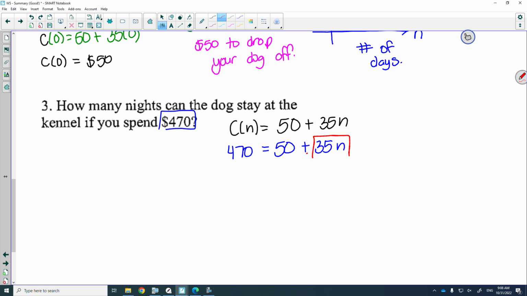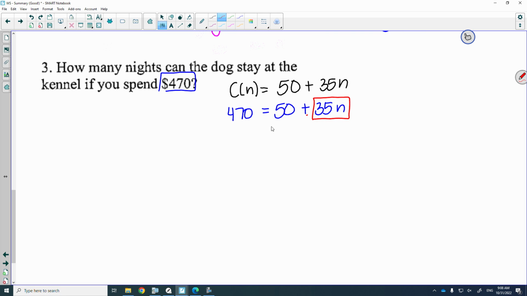You need to get this by itself. How are you going to bring the 50 over to the other side? Subtract, yeah, because this 50 is positive. There's no negative in front of it. So you subtract 50. And you would get 420 is equal to 35n. And then here you could divide both sides by 35.